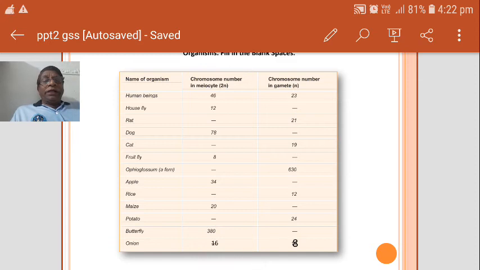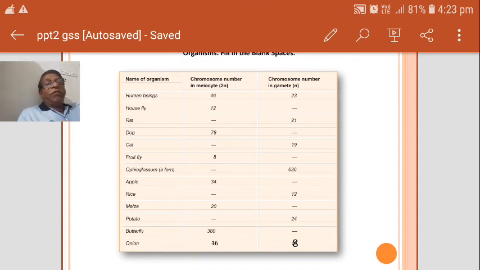The gametic number is n equals 17. Then the last plant, potato, Solanum tuberosum. Belongs to the family Solanaceae. 2n equals 48. The gametic number is 24.